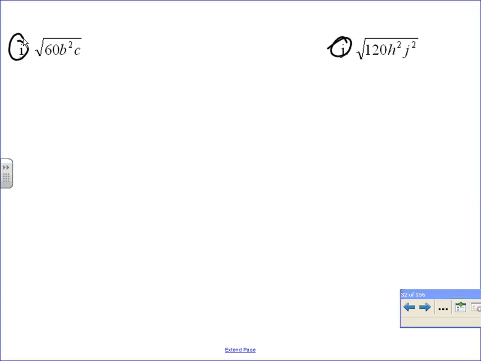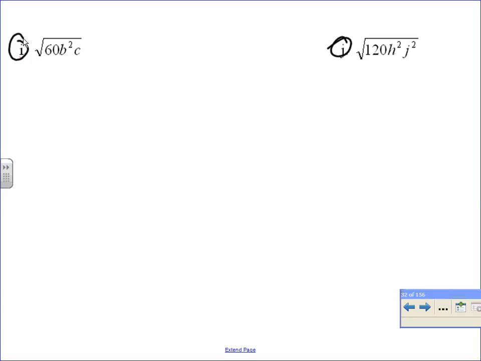Good. Make sure those get mushed together. The square root of 15c should be in one radical. 4 goes into that if you need help. Make sure you guys are finding a perfect square that goes into the numbers.